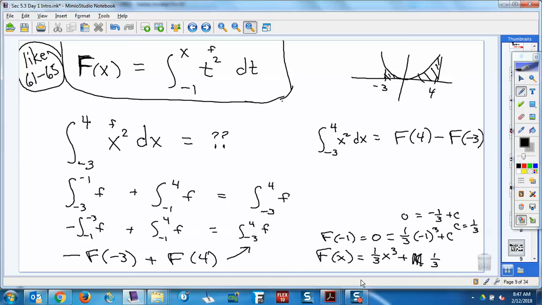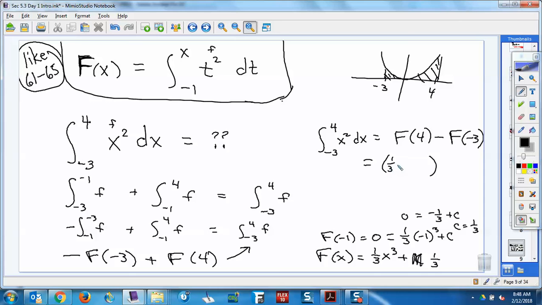Now, you might be thinking, geez, we've got to go through and find that c every time. Well, watch this. Turns out the answer is no, because look what I can do now. So big F of 4, okay, great. I just found big F of x right here. So now I can just do big F of 4.